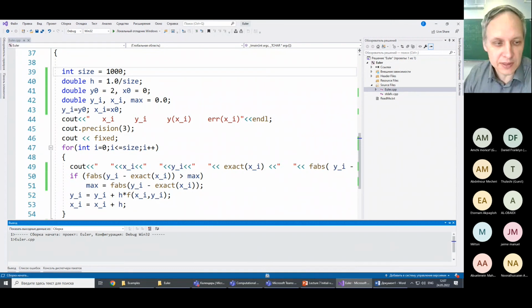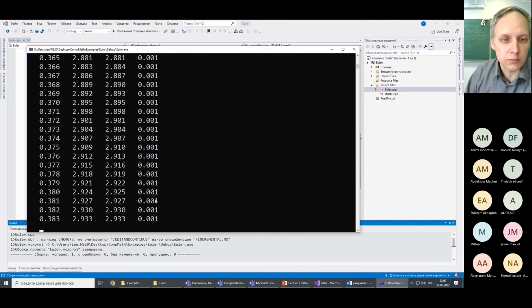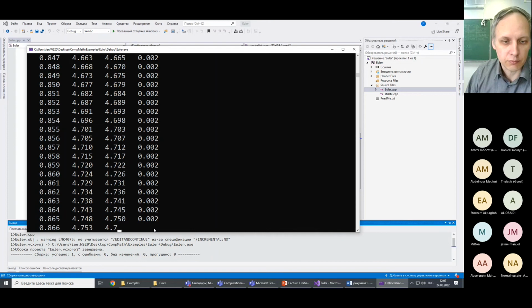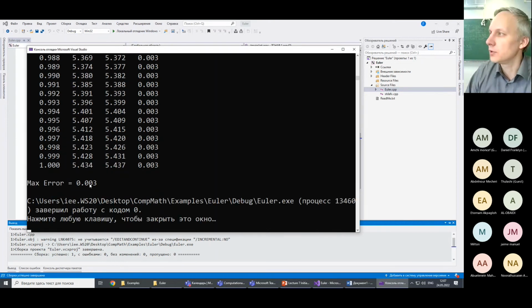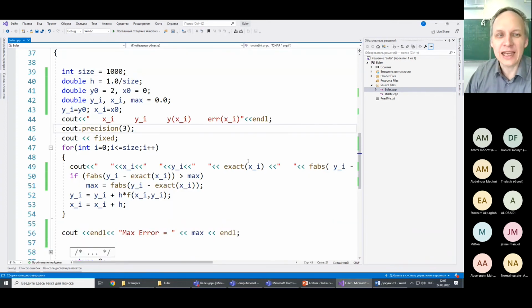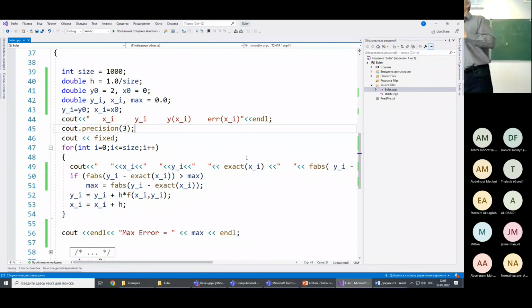And the error becomes 10 times smaller too, 0.003. So here, like in any other numerical method, if you apply this method for a large step, you get a large error. If you decrease the step, the error will decrease. The error becomes smaller when you take the step smaller.